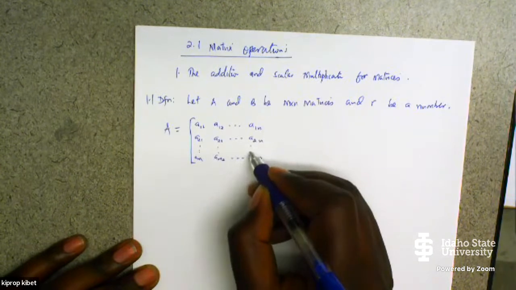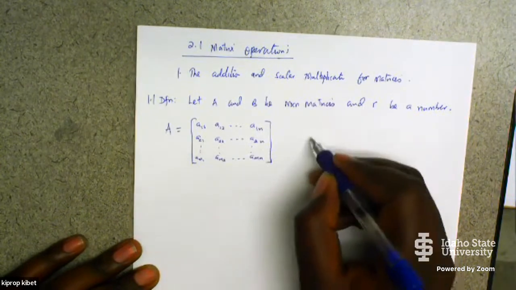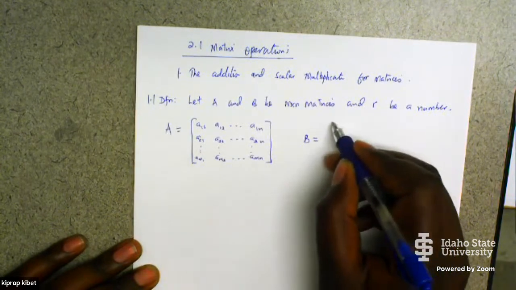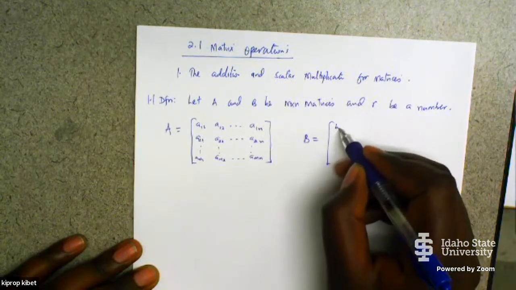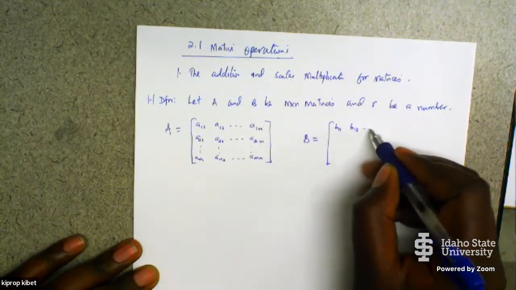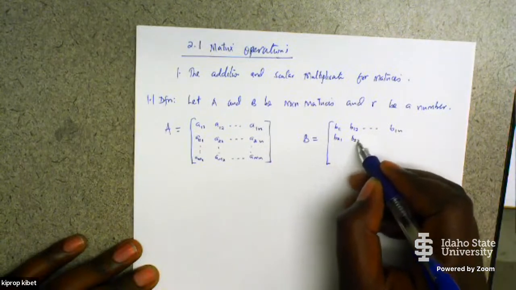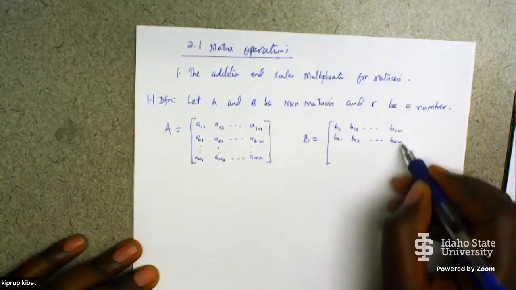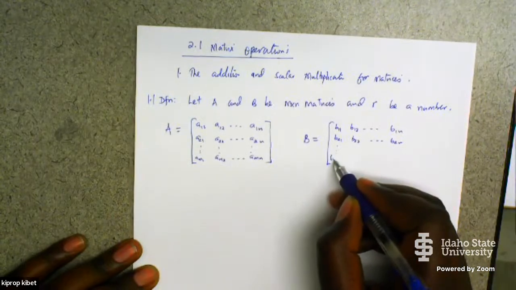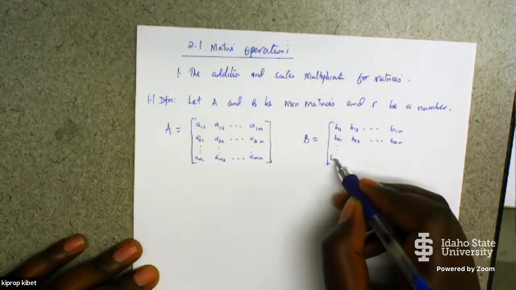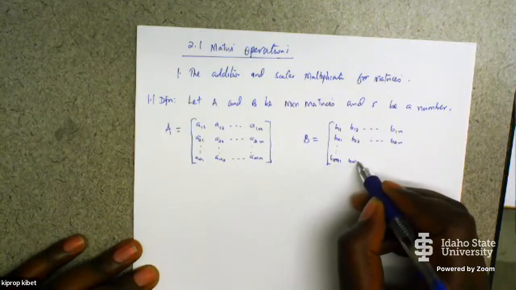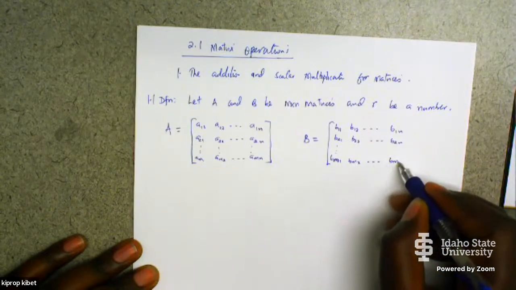So this is basically an M by N matrix. And if we have B to be B11, B12, all the way to B1N, B21, B22, all the way to B2N, and then BM1, BM2, all the way to BMN.